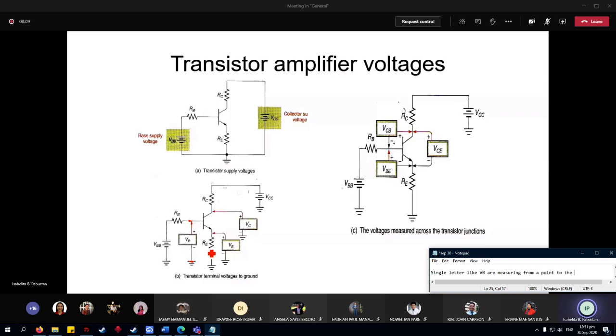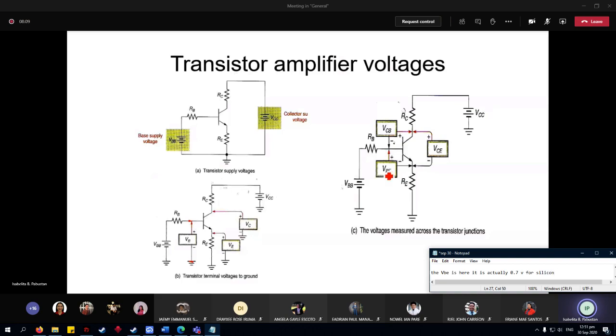Before that, I'll show you first where VBE is. The VBE is here. It is actually 0.7 volt for silicon and 0.3 volt if your transistor is made of germanium.